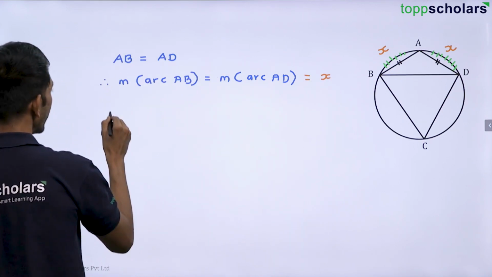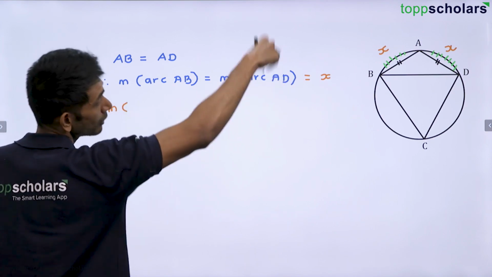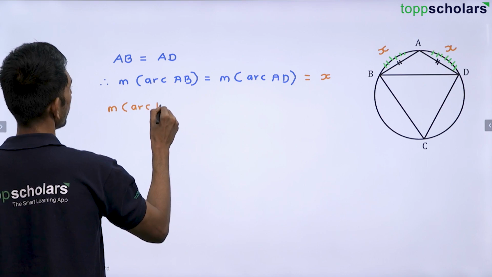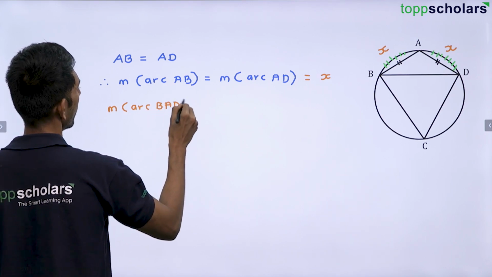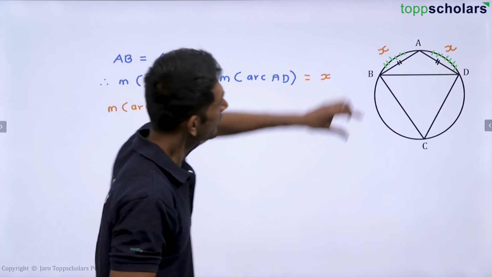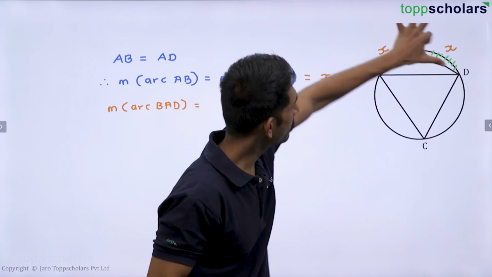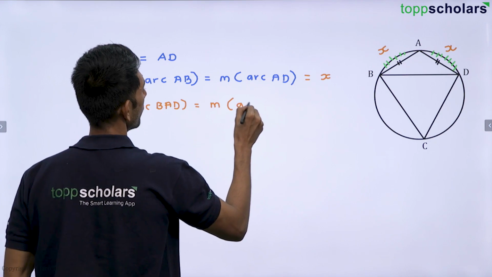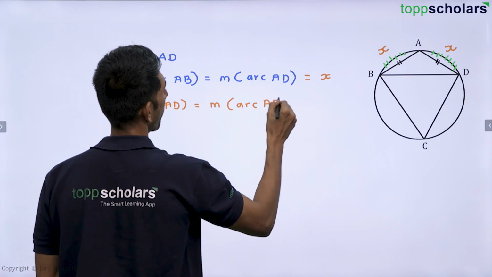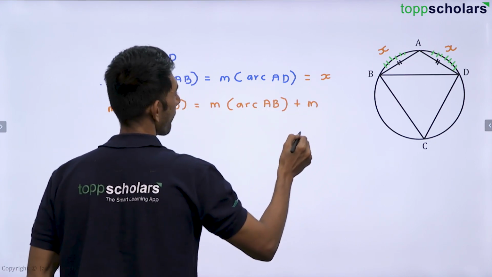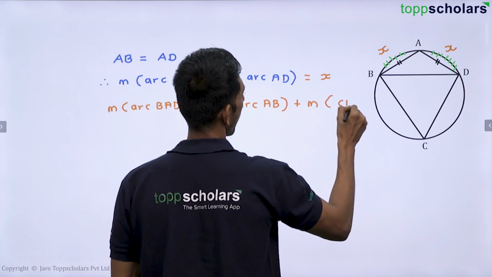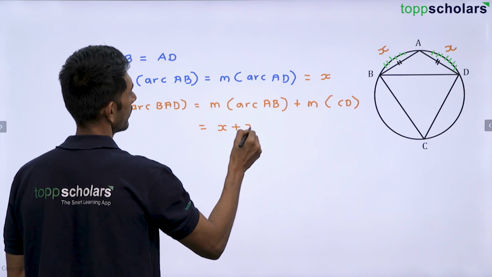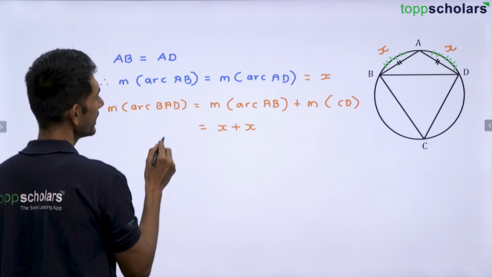Now we already know that measure of arc BAD is equal to, see, BAD will be what? AB plus AD. So this is further equal to x plus x, and BAD is how much?